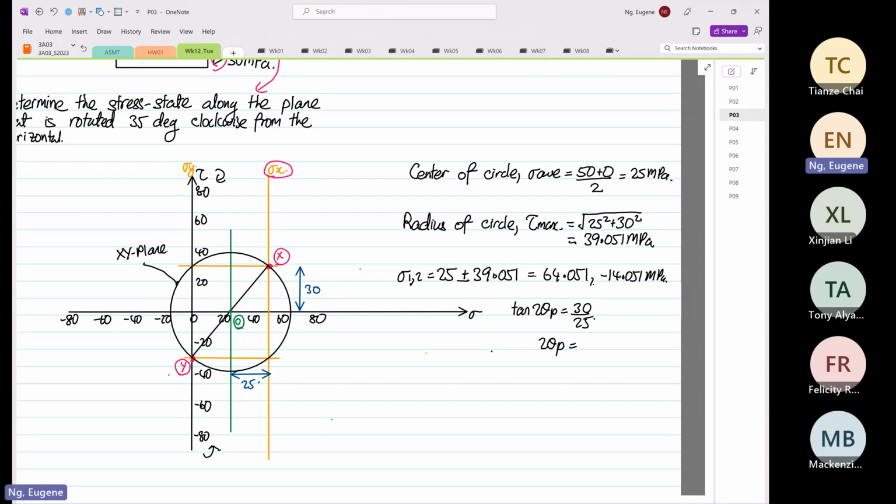So 30 divided by 25, tangent inverse, 2 theta p is 50.2 degrees. Okay, that's our principal plane orientation.